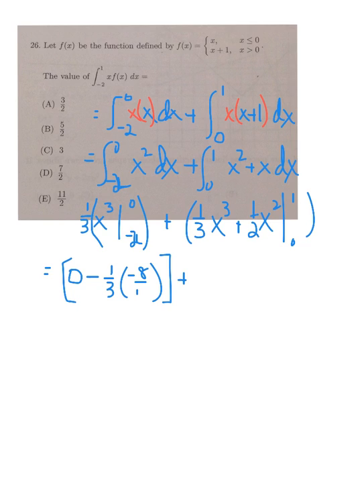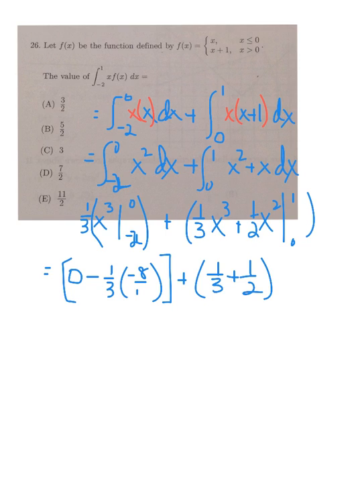Plus, now let's see if I can get this one right. I'm going to put in 1 first. If I put in a 1 here, I'm going to get 1/3, and if I put in a 1 here, I'm going to get 1/2. So that's essentially 1/3 plus 1/2, right? And if I plug in 0 here, I'll get 0, and if I plug in 0 here, I'll get 0, so I'm just not going to write that.